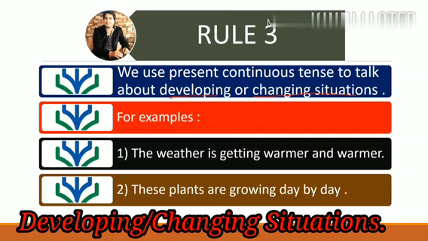These plants is a plural word, and we have made use of are. Also growing is V1, and we have made use of ing. And day by day is a time expression showing that something is going on day by day. So we make use of present continuous when there is a change in situations.